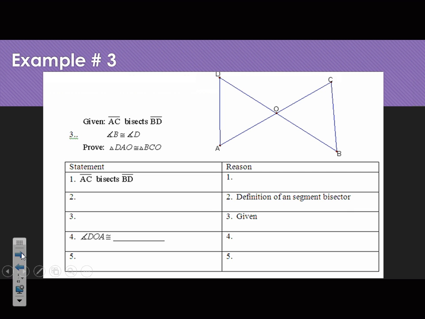All right, moving on to example number 3. Here we go. So first they tell us that AC bisects BD. Now, remember, bisect means to cut in half. So both sides are going to be equal. All we know right now is that this bisects that, so we're just going to write that down. We write down our word given.